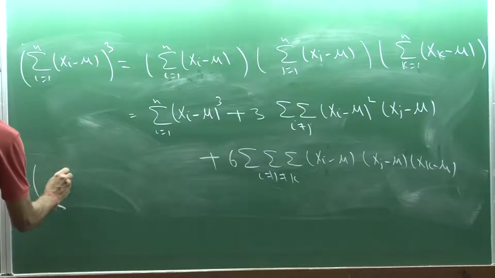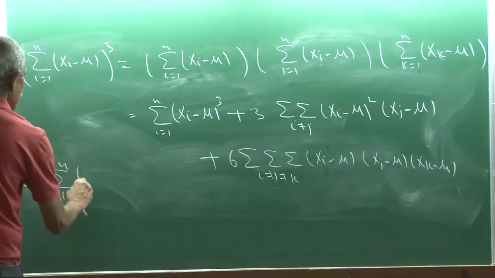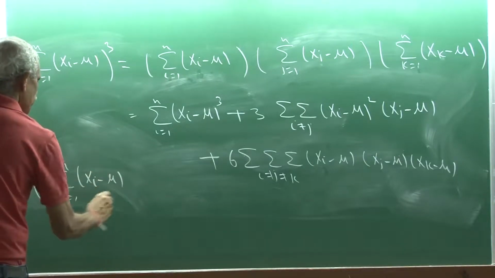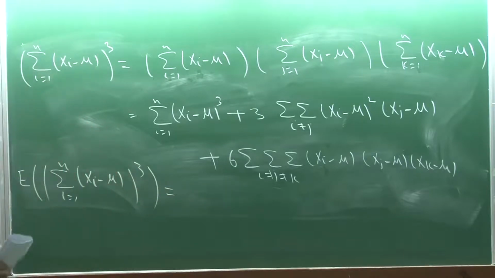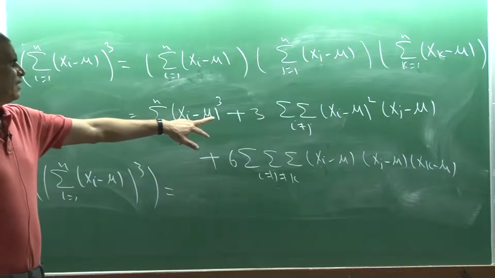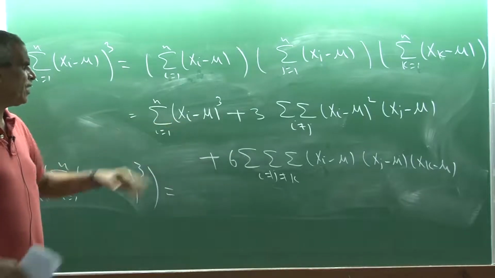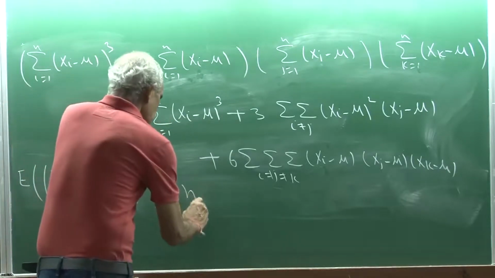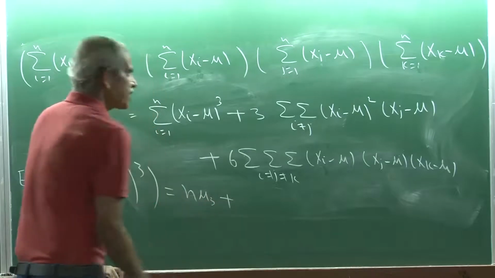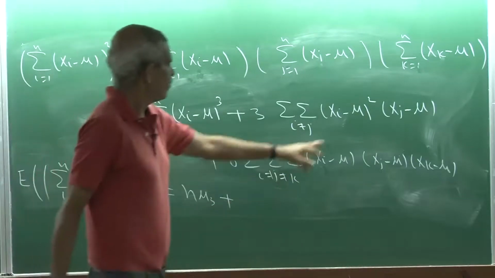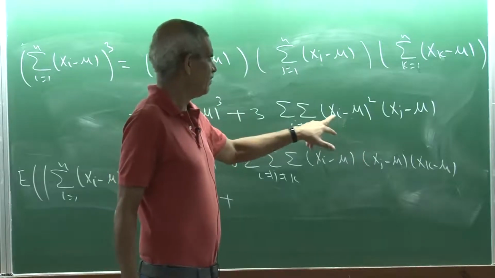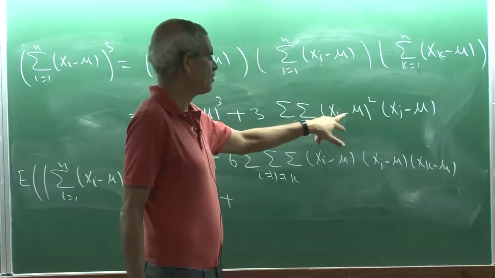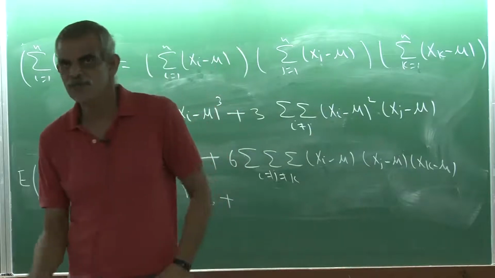So the expected value of summation i equal to 1 to n (xi minus mu) whole cube will be how much? Each of them is IID. So for each of them this is mu 3. So it is n times mu 3 plus. Now this term is going to be 0 because, by independence, this would be the expected value of (xi minus mu) whole square times the expected value of (xj minus mu), but that is 0.